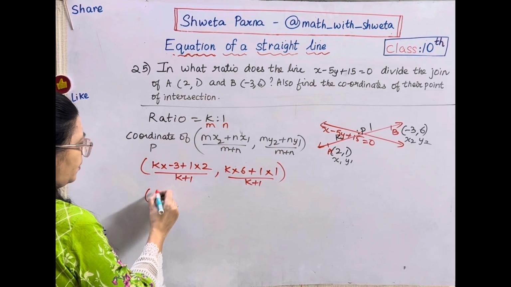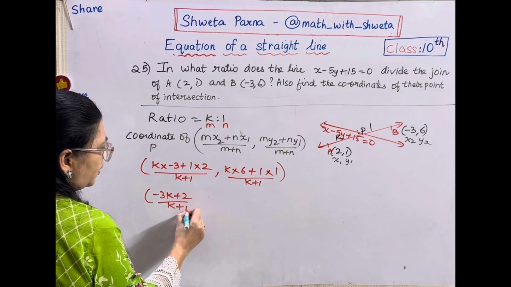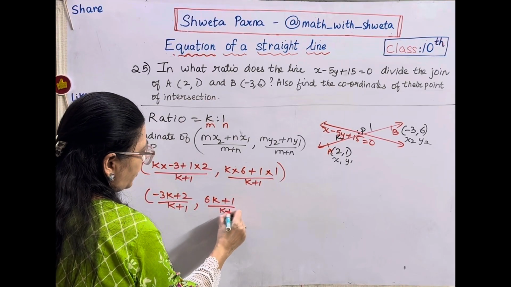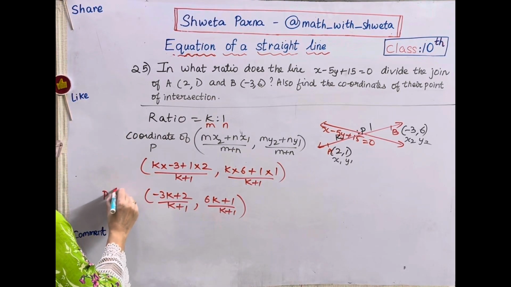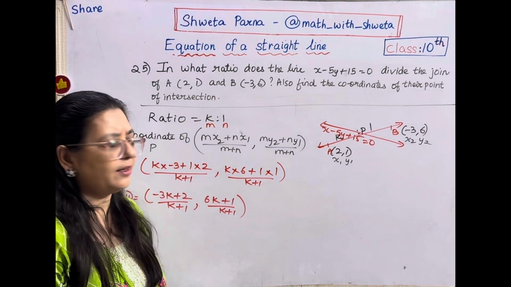So this will become minus 3k plus 2 upon k plus 1. This will become 6k plus 1 upon k plus 1. This is the coordinate for point P where both the lines are intersecting.